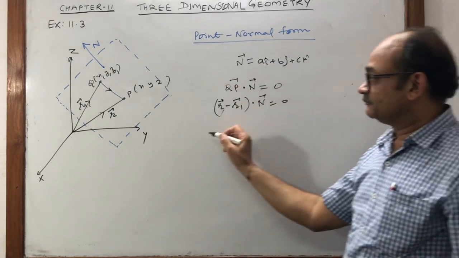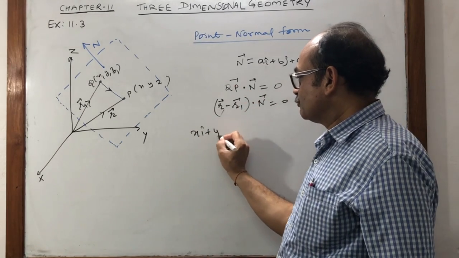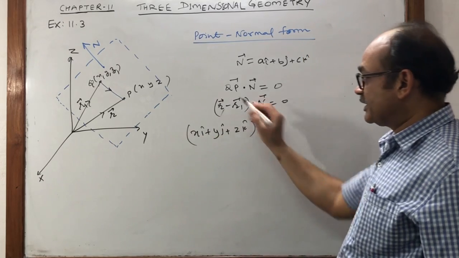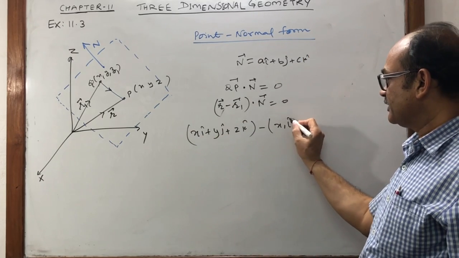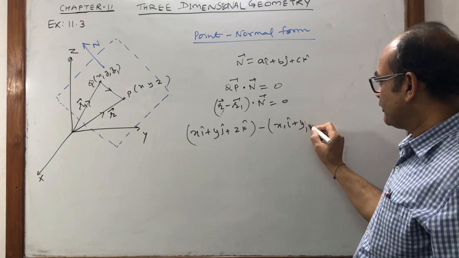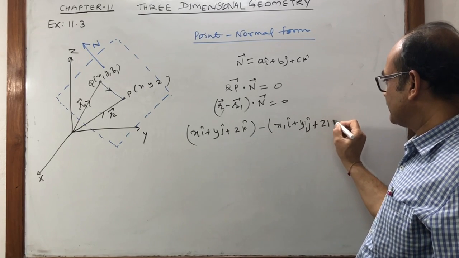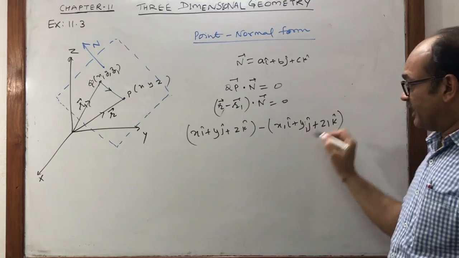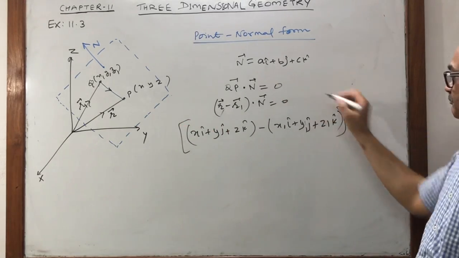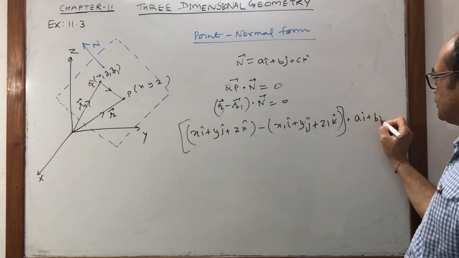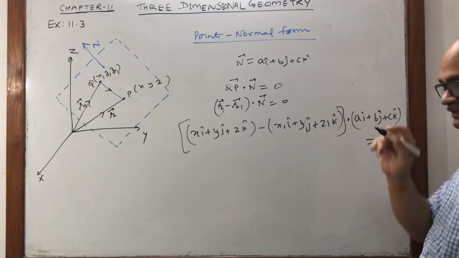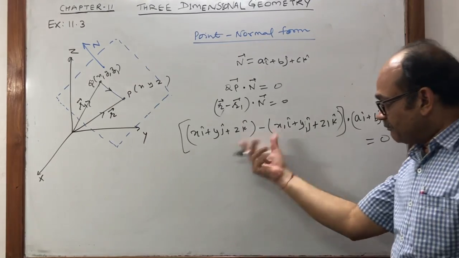What is r? xi, yj, zk, minus what is r1? x1i, y1j, z1k, and dot product with n cap. And what is n cap? ai plus bj plus ck equals 0. Combine these two.